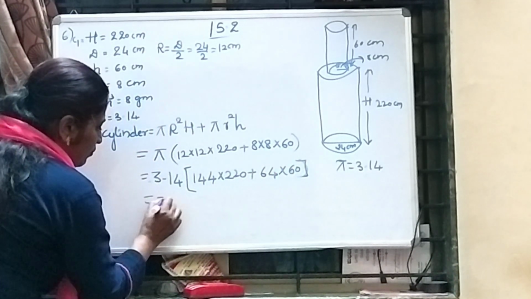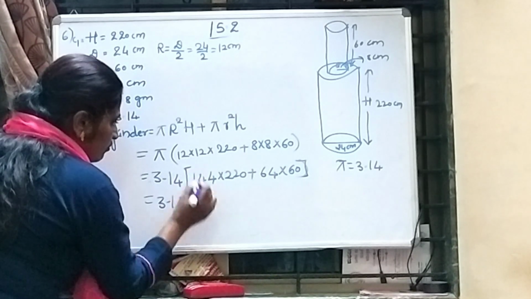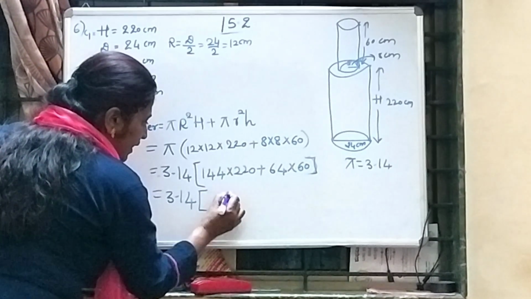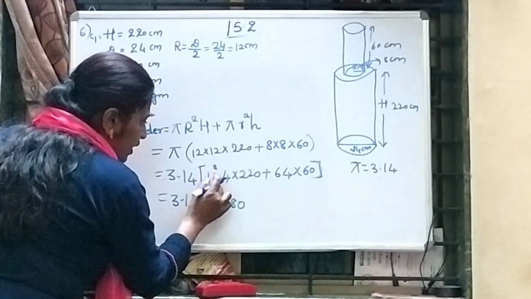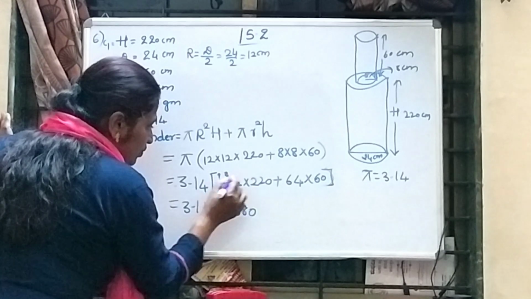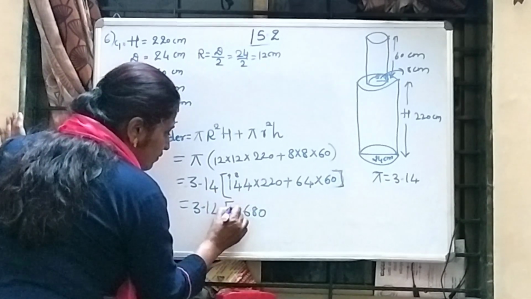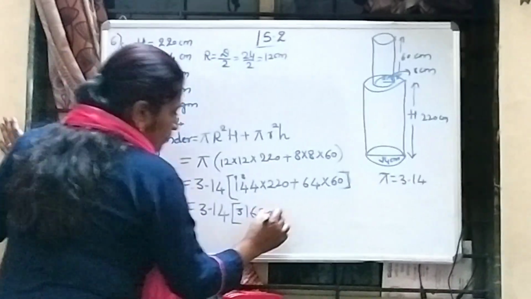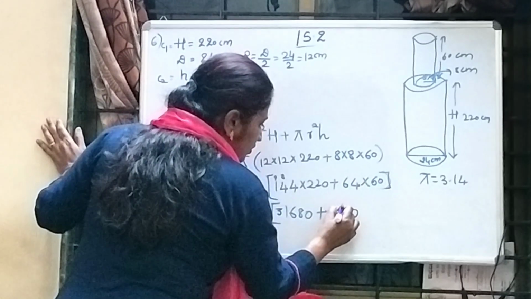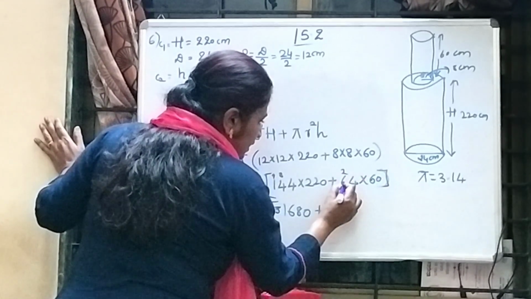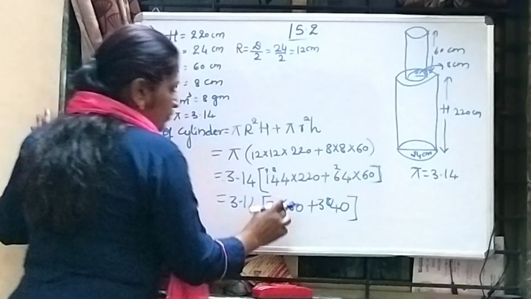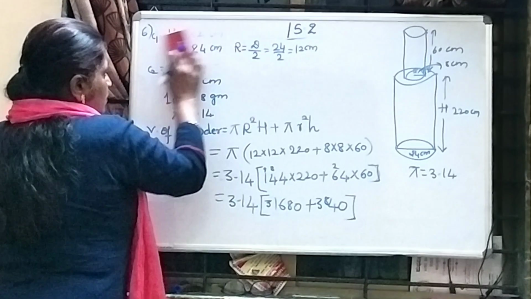Now multiply this: 0, 22 fours are 88, 22 fours are 88 plus 8, 96, 22 ones are 22 plus 9, 31, plus, again multiply, 0, 6 fours are 24, 6 sixes are 36 plus 2, 38. Now add these two.